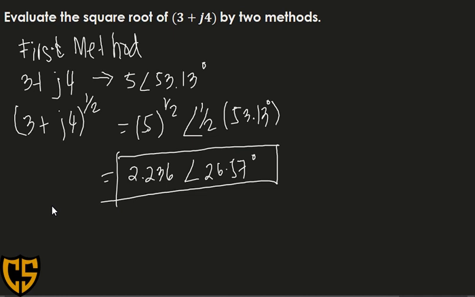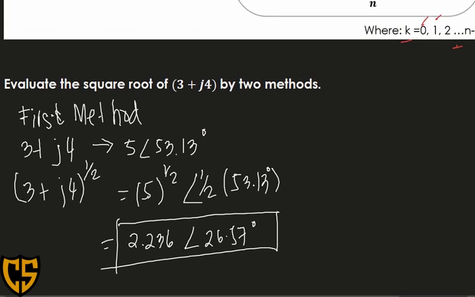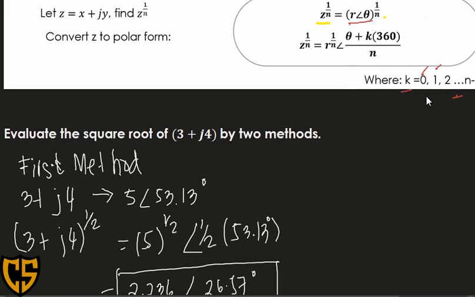So take note that based on our equation earlier, we need to use k equals 0 and k equals 1. So based on our formula, we write z equals 1 over n equals r, so for example, 1/2 of the square root or the angle of, so our theta, plus 360k all over n.